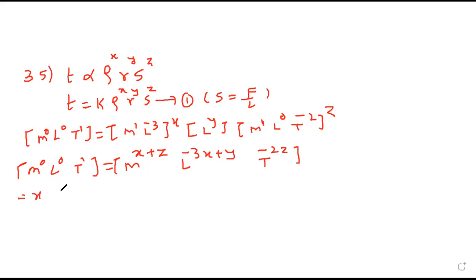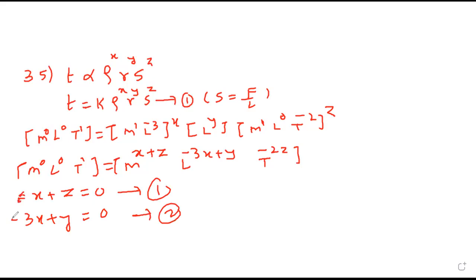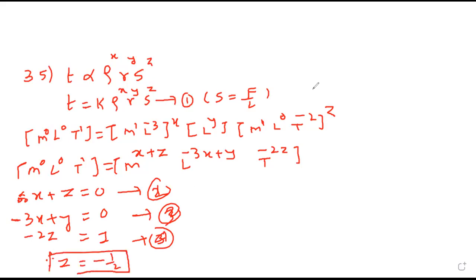Therefore x plus z is 0, minus 3x plus y is also 0, and minus 2z is 1. Since minus 2z is 1, therefore z equals minus 1 by 2.